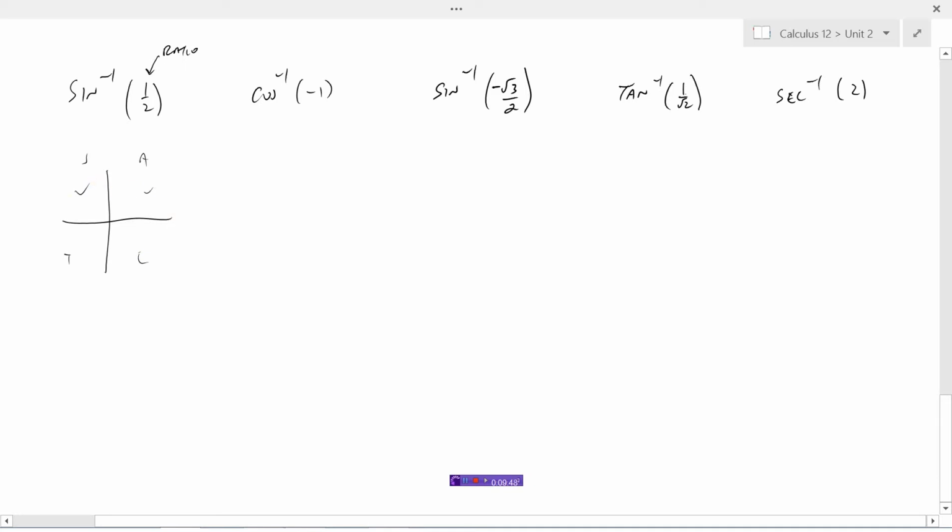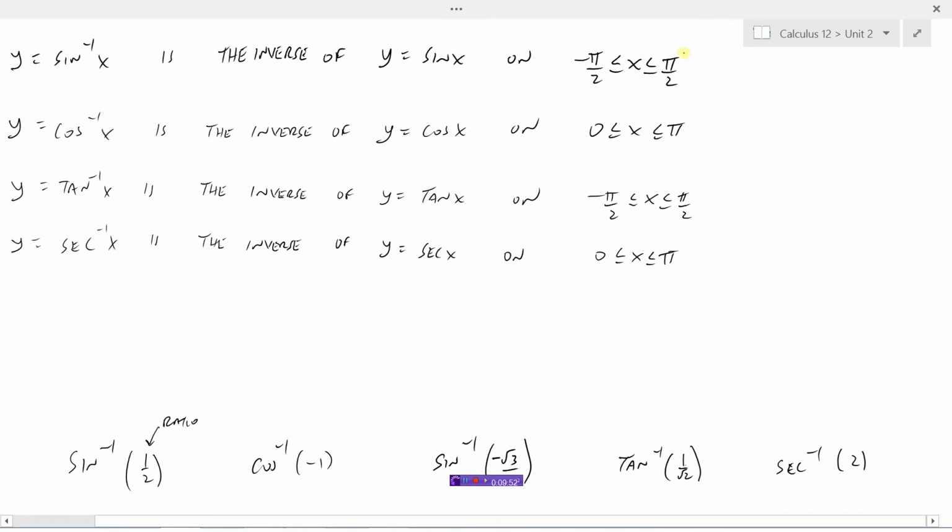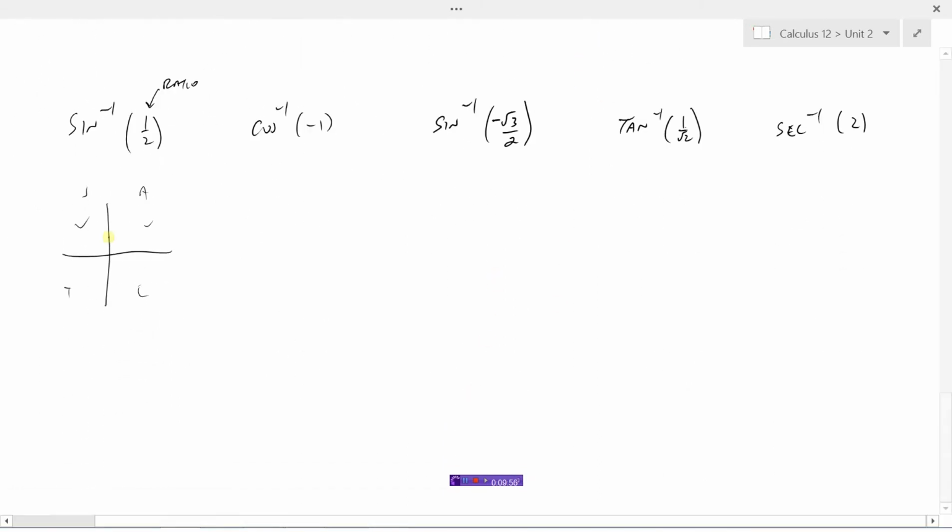Well, when we're dealing with the inverse sine, it is only defined between -pi/2 and pi/2. So we can only look at angles between here and here when we're talking about the inverse sine. And that's okay because all of the positive ratios will be taken care of in this quadrant, and all of the negative ratios will be taken care of in this quadrant.